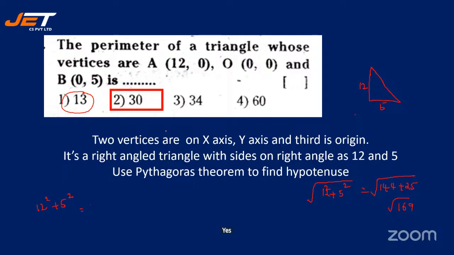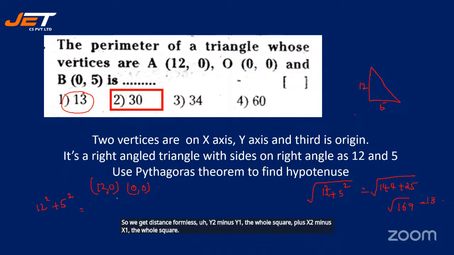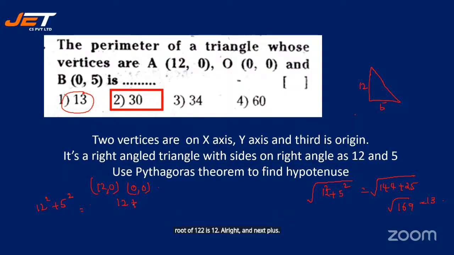Yes. So root 169 becomes 13. So this becomes the side. Now let's take the distance formula for 12 comma 0 and 0 comma 0. We get root of 12 square, which is 12. And next, the distance of 0 comma 5 and 0 comma 0, we get root of 25 as 5. Now perimeter means you should add everything, isn't it?